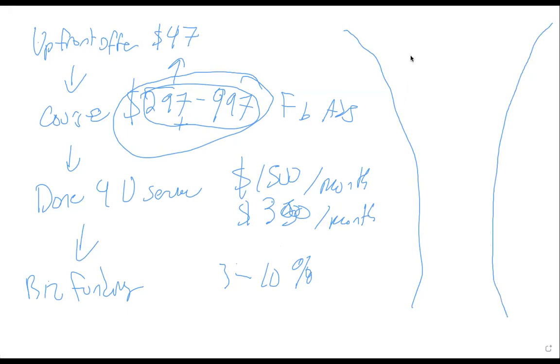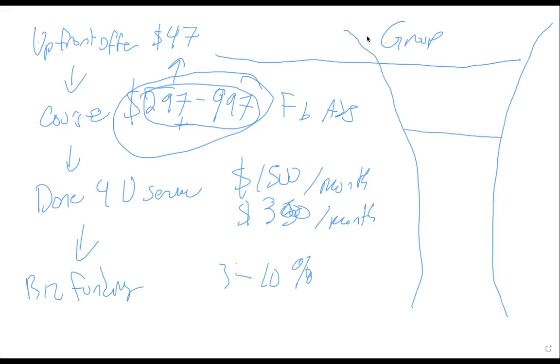This $47 product, you might just be making up the amount of time it takes you to make the video. $47 is usually a good price point to just start. It allows you to get the ball rolling and get them into your Facebook group, where you're going to provide so much value.